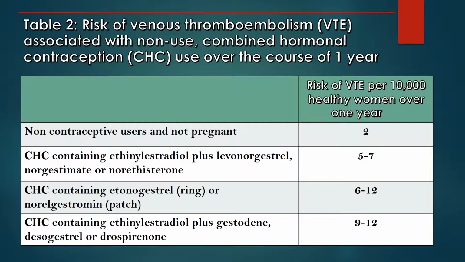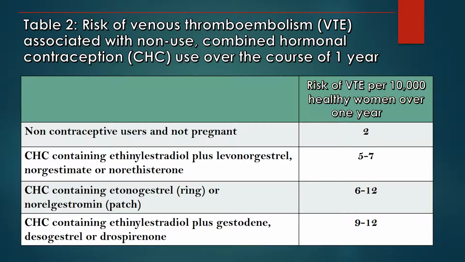Table number 2. Risk of venous thromboembolism, or VTE, associated with non-use and combined hormonal contraception, or CHC use, over the course of 1 year. Risk of venous thromboembolism per 10,000 healthy women over 1 year. Non-contraceptive users and not pregnant: 2.